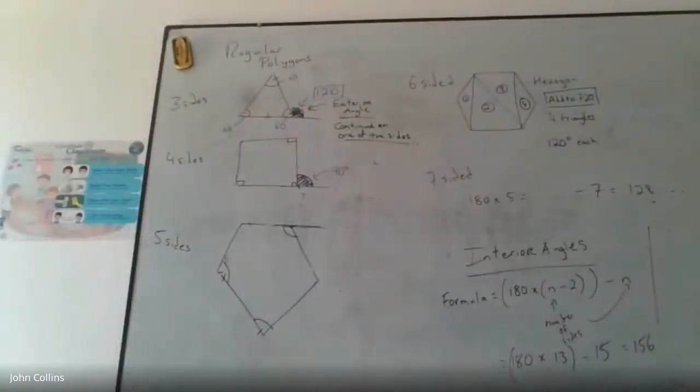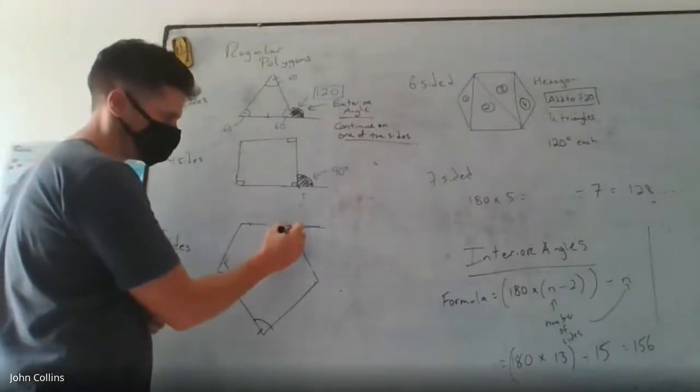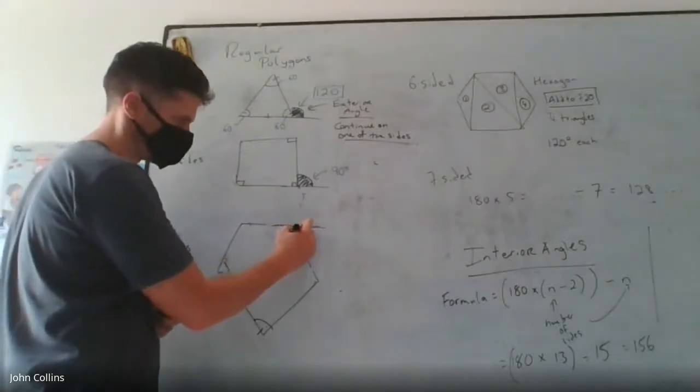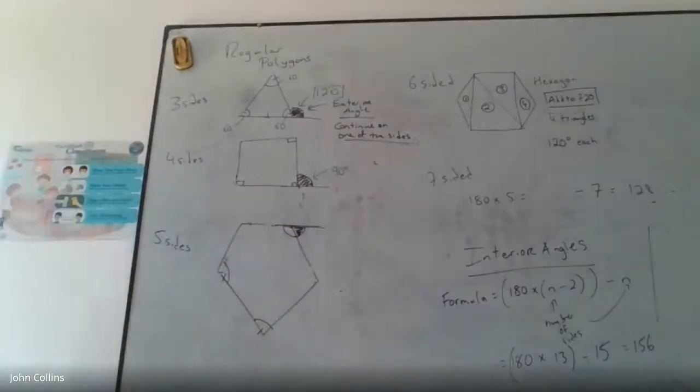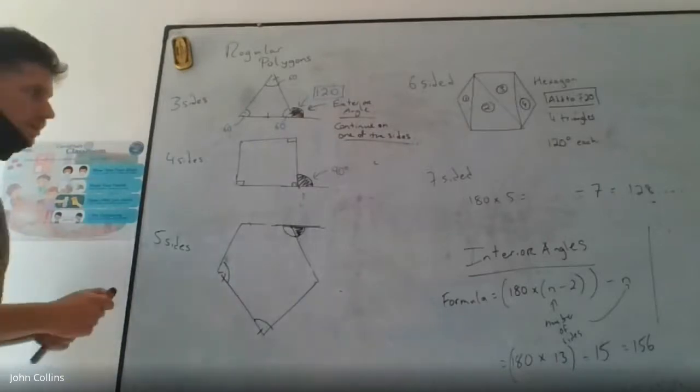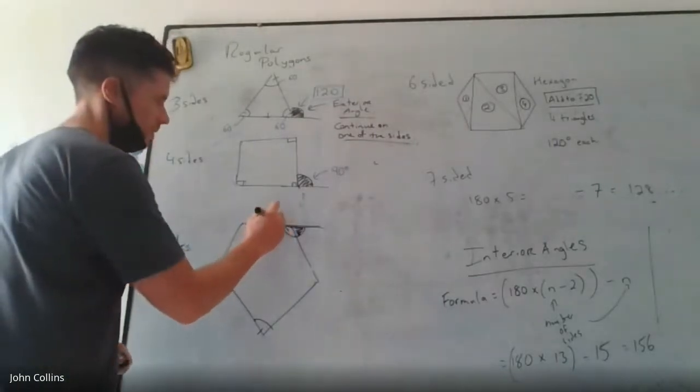Now, the two on one line. The exterior angle will be between the interior and this line. So what was the interior angle here? We calculated it earlier. The one inside was 108.